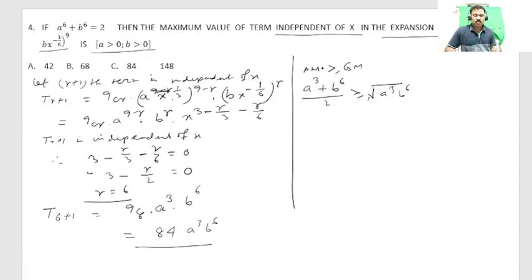So we know the value of this, that is a cube b to the power 6 here. If we put this, that is equals to a cube b to the power 6.